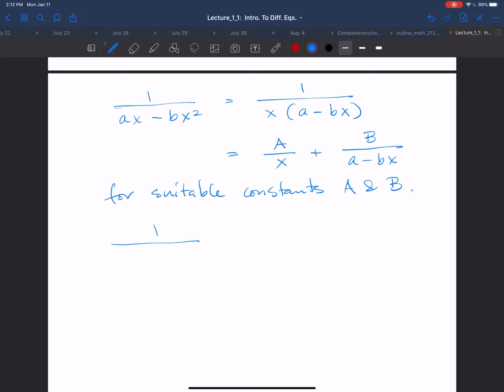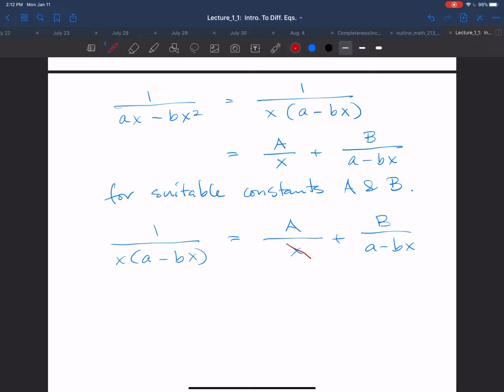So let me just rewrite the equation like this. 1 over x times a minus bx, we want to decompose into partial fractions like this. So if we wish to find A, obviously the algebraic way to do that would be to multiply both sides of the equation by x, and then we'd want to solve for A. But an easy way to solve for A would be noting that if we multiply through by x, what do we get?